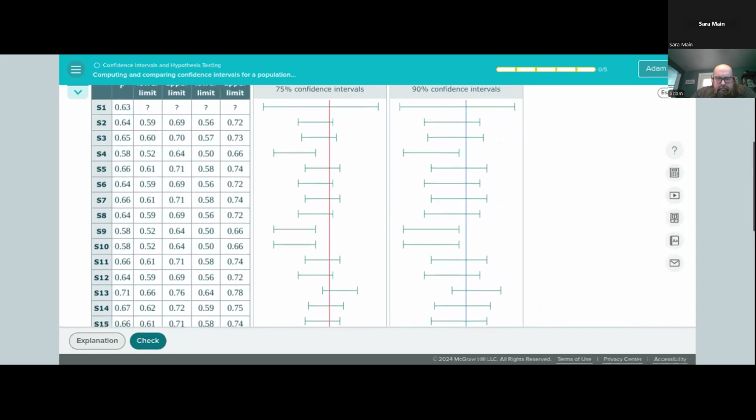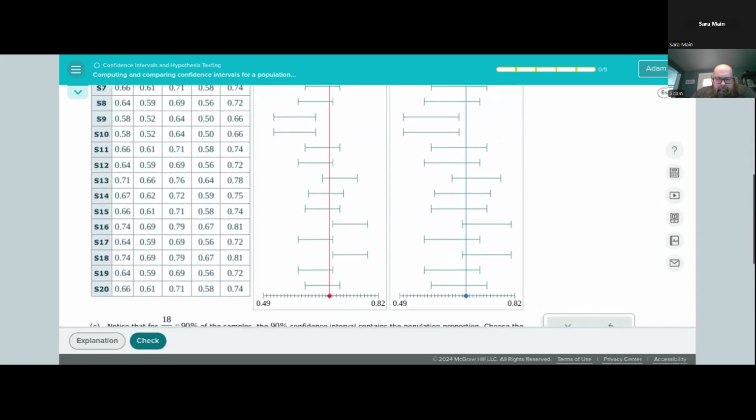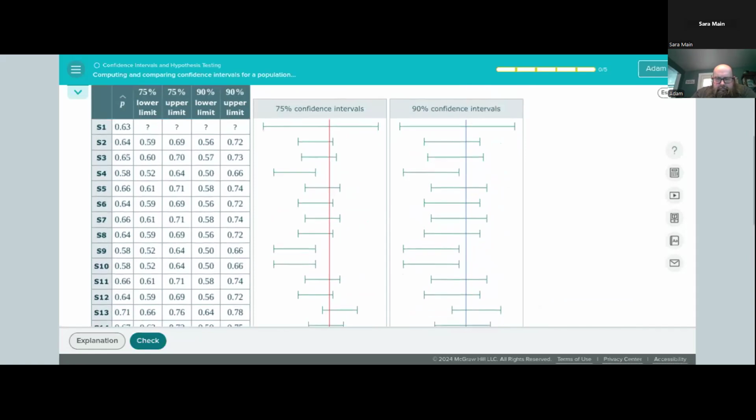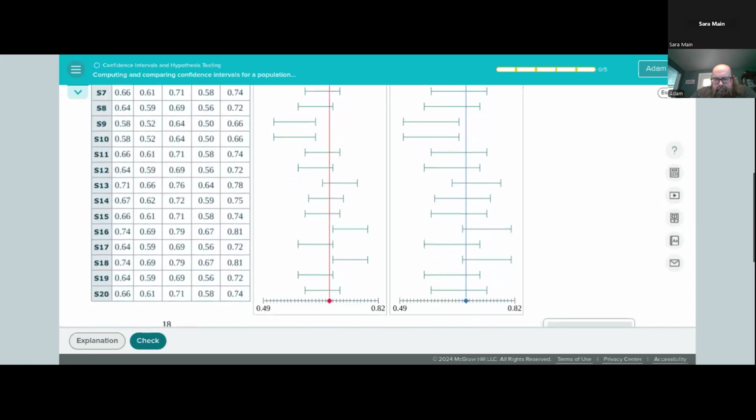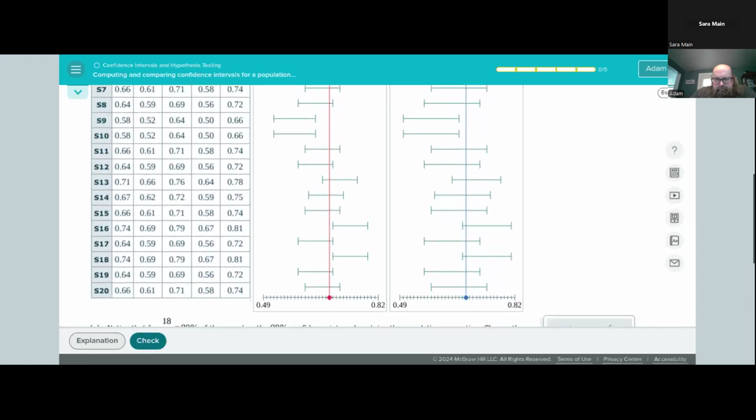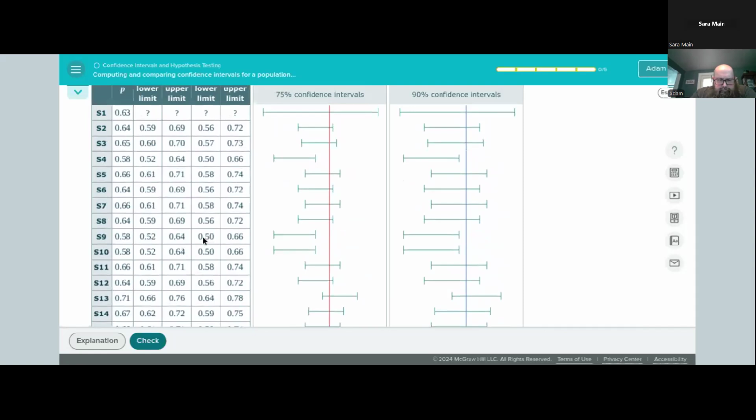In the 90%, we would suspect 10% of them, or 2, do not contain it. It looks like there's 3: samples 4, 9, and 10 do not contain the true population proportion of 0.65.